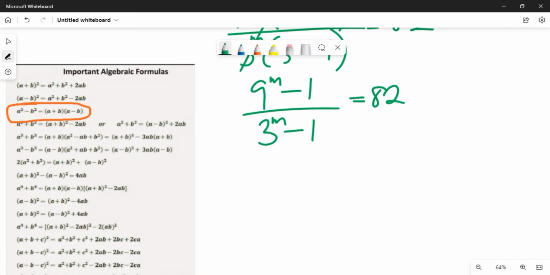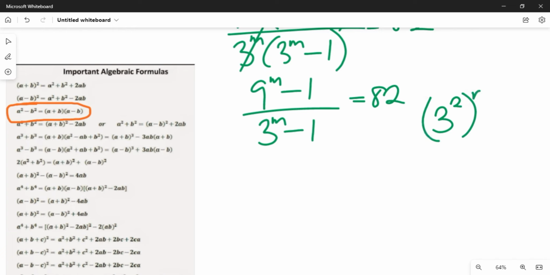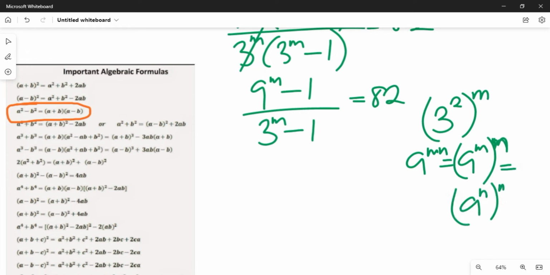Now we'll simplify this. Remember, this will give us 3 raised to power 2 all over m. And remember a term that if you have a raised to power mn, it can be equal to a raised to power m raised to bracket n, or it can also be equal to a raised to power n raised to power m.